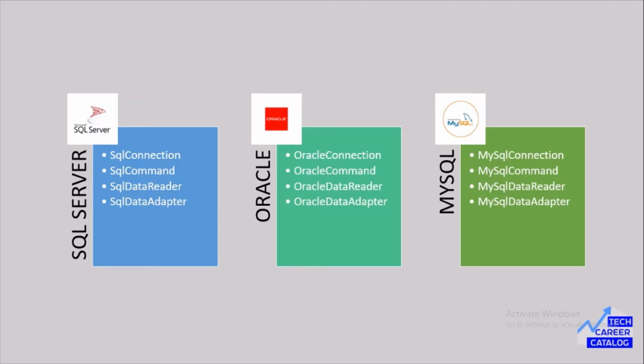Whether you work with SQL Server, Oracle or MySQL, download the libraries and plugins accordingly. In the upcoming videos, I'll show you how to make the connection in ASP.NET with MySQL, where to download the library and how to plug it in, and you will be able to use MySQL connection, command, data reader and data adapter to perform operations with a MySQL database.